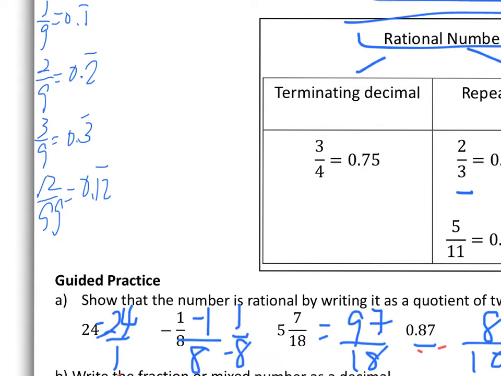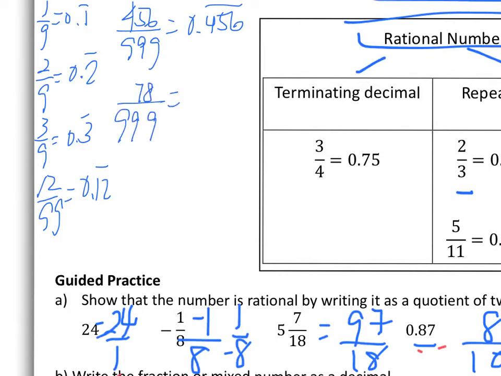If I'm given 456 over 999, it will be 0.456 repeating. If I'm given 78 over 999, then 1, 2, 3, it will be 0.078 repeating.